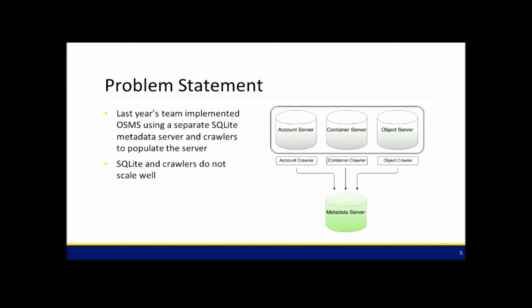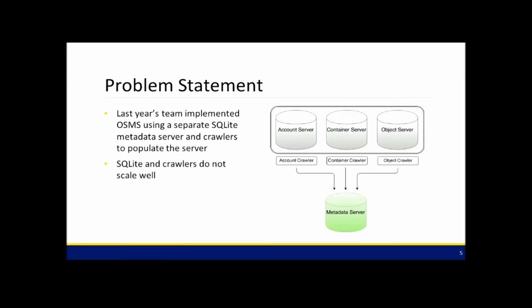Now, last year, they implemented this metadata search functionality by implementing a database. The problem with this was their choice in database, which was SQLite, a non-scalable database, and the use of crawlers to populate that database. Crawlers are processes that are always running on the account, container, and object service.